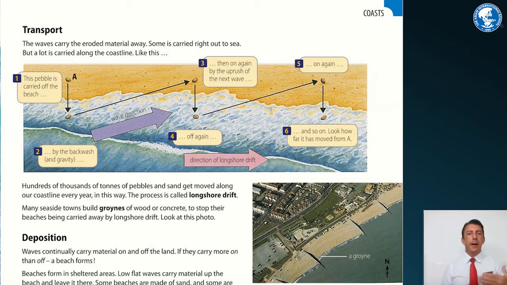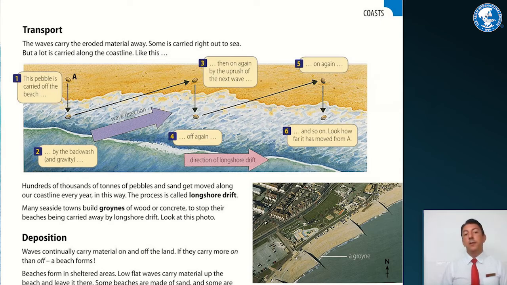Number 4, the backwash carries it off the beach again, and number 5, the uprush carries it back onto the beach. And number 6, and so on. So it keeps moving on up the beach by the process of backwash and uprush and the moving waves. Now the direction of the waves is caused by the direction of the wind.